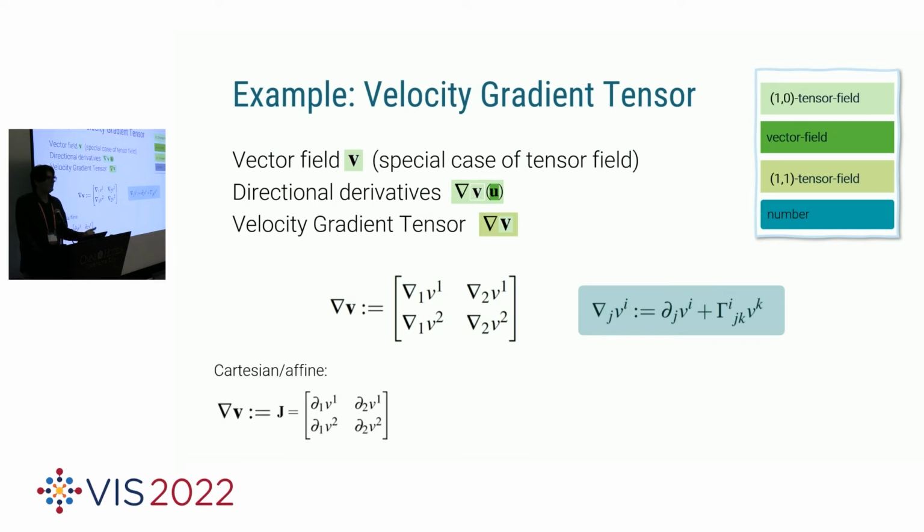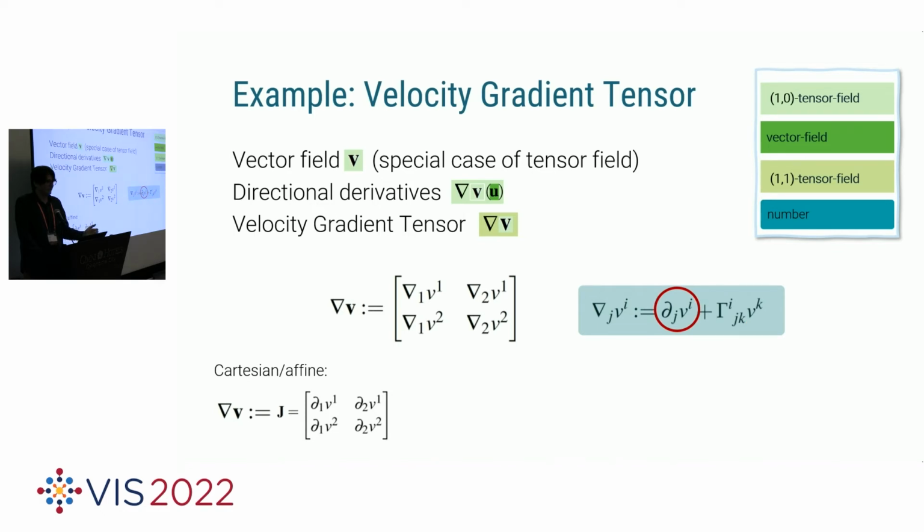If I now do this construction for Cartesian coordinates, then this velocity gradient tensor simplifies to something very simple. It's just these partial derivatives of the different components. So it's just this term. The other term gets cancelled out because for Cartesian coordinates, these Christoffel symbols are all zero. So we really just have the first term left.